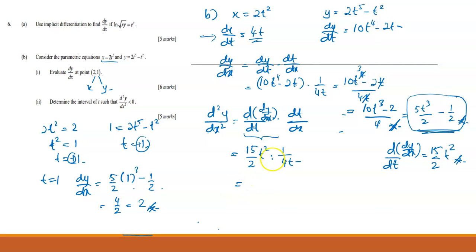Then t squared divided by t gives 15 over 8t. This is the second derivative of y with respect to x.